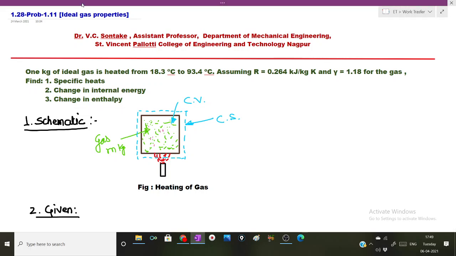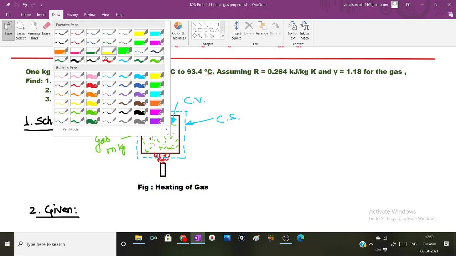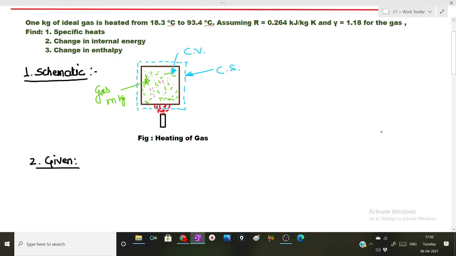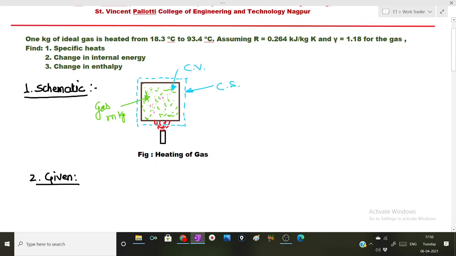Now in this problem, I will follow all the steps like drawing the schematic, writing the given things, finding assumptions if any, and detailed calculations. As it is mentioned in the problem, 1 kg of ideal gas is heated.